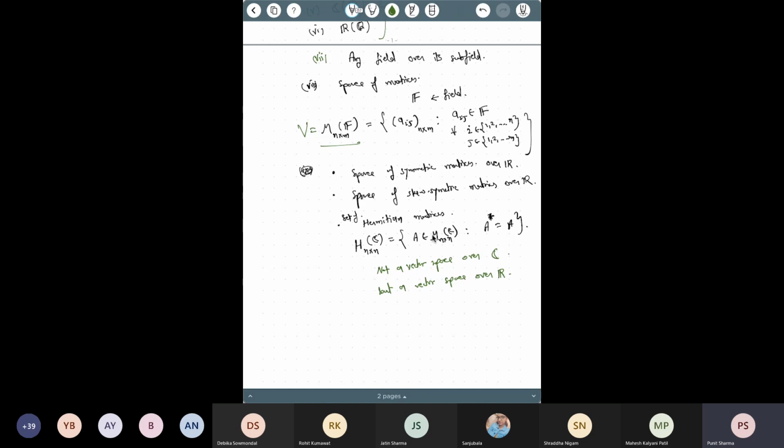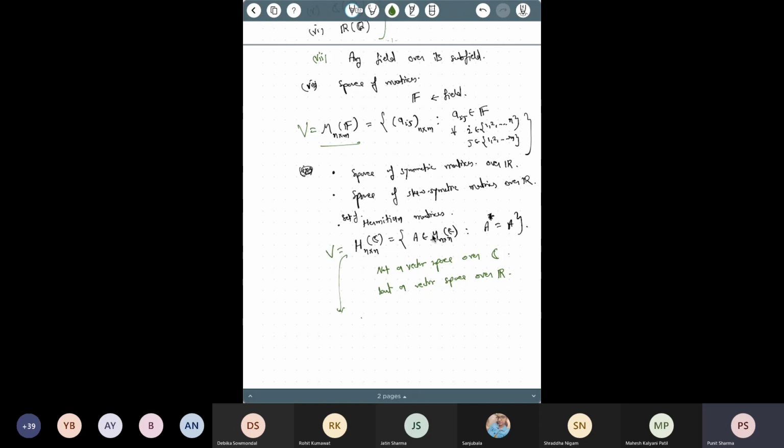You have to say which field it is. So for example, look at the set of all n cross n Hermitian matrices. Here the entries of the matrix are coming from the field C, but let me call this, let's say, V.